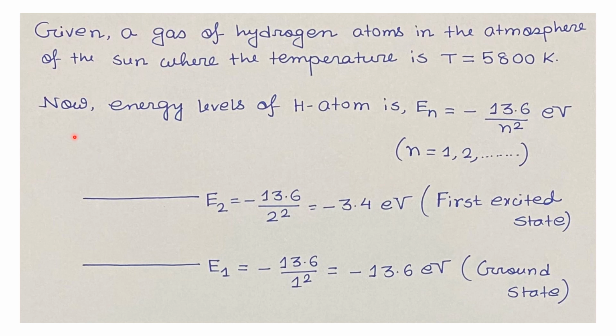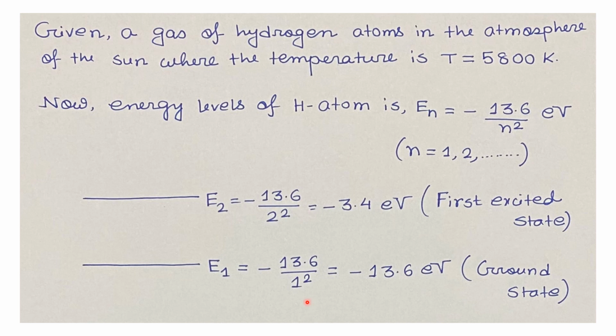Now we know the energy levels of the hydrogen atom is given by E_n equals minus 13.6 divided by n square electron volt. Here n is the principal quantum number that takes the values 1, 2 and so on. Now the ground state energy of the hydrogen atom is given by E1 equals minus 13.6 divided by 1 square.